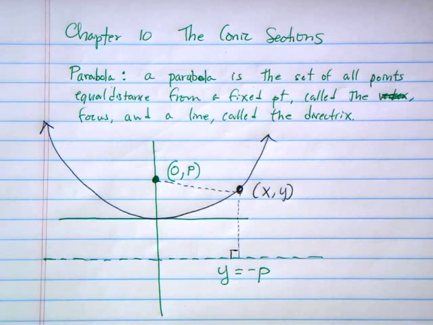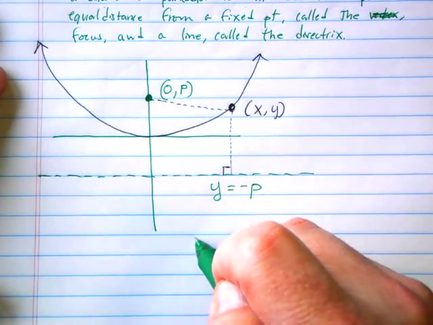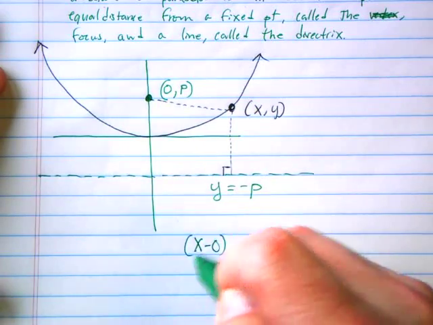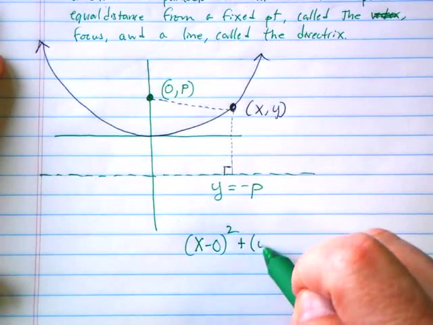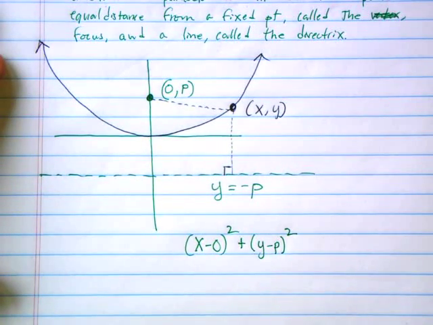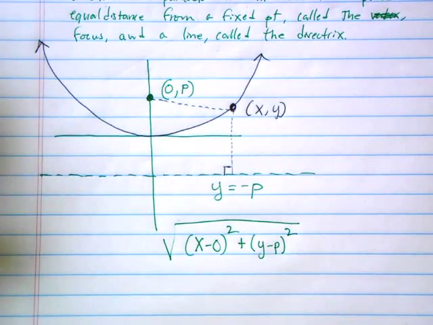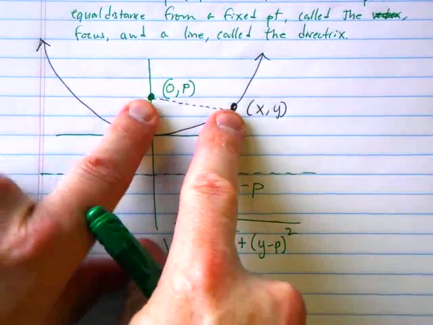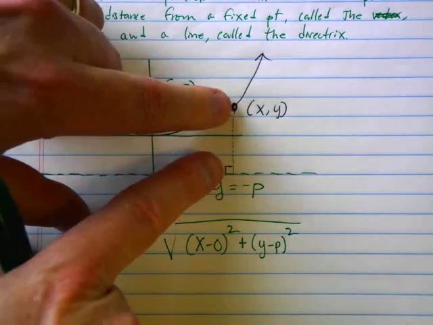The distance formula says subtract the x numbers, x minus 0, and then we square them, plus we subtract the y's, y minus p, and we square it, and then we square root the whole thing. So that's the distance between these two points. That has to be exactly the same as this distance.